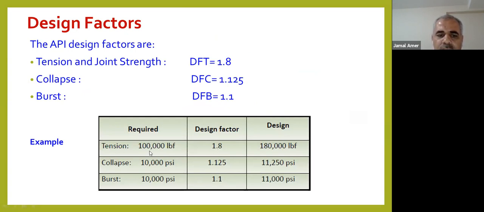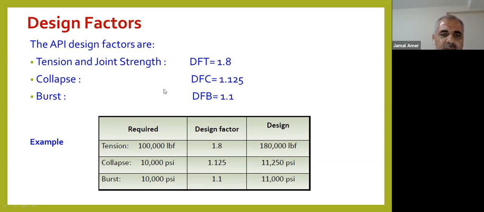If our calculation gives us a certain number for collapse pressure, we have to multiply that result by 1.125. So if we have 10,000 psi, we will multiply by 1.125, and we will get about 11,000. So this is merely a safety factor.